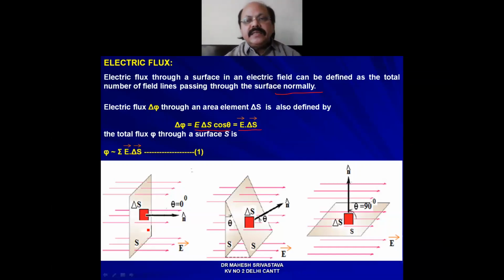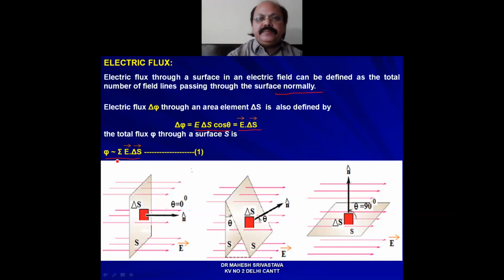Then the total electric flux over the entire surface can be defined as phi approximately equal to sigma, that is, the summation of electric flux over the small area elements. So phi approximately equal to sigma E vector dot delta S vector. There is a specific purpose for taking this approximate sign.